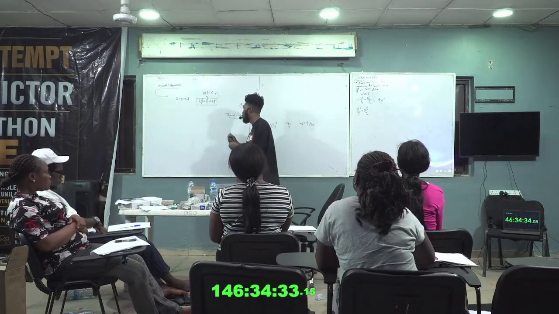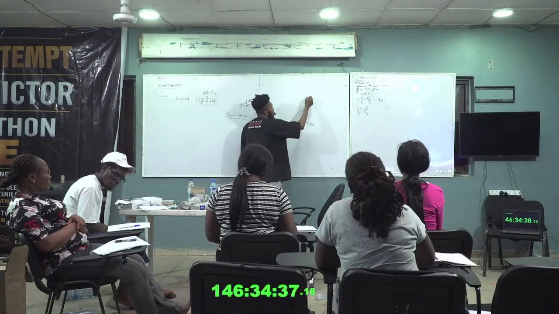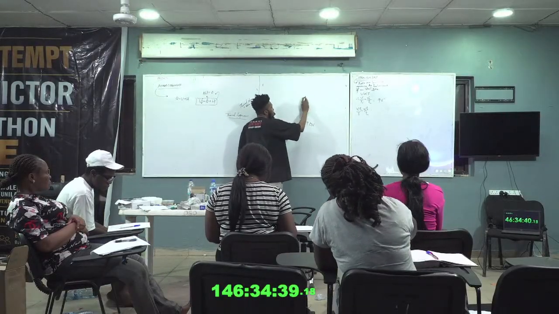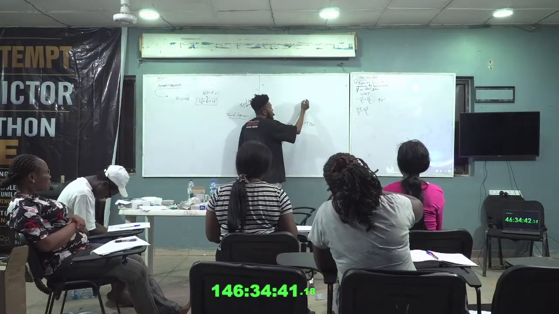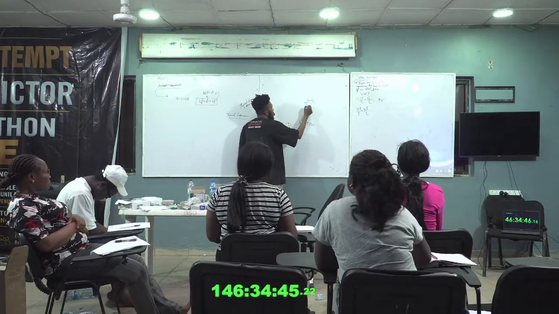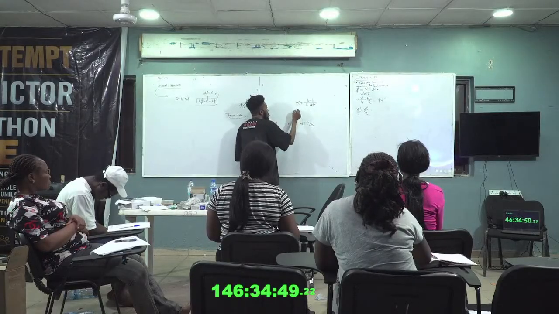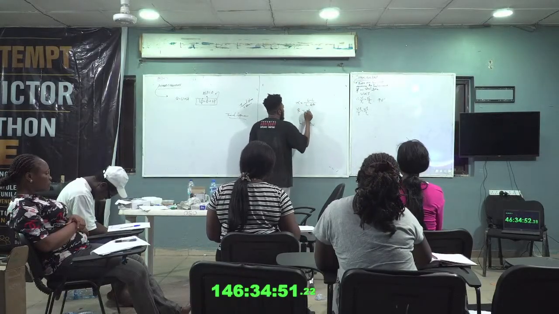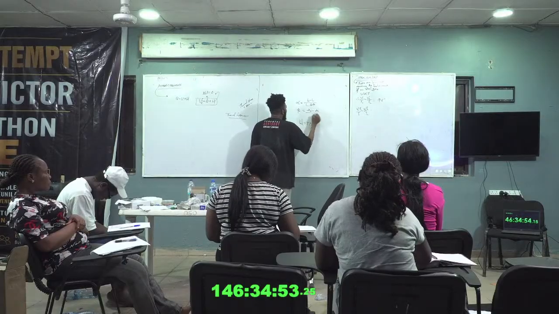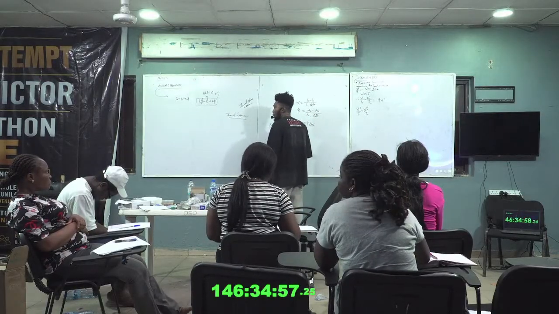And if you look at the formulas of all your thermal expansivities, you see that we have L2 minus L1 over L1 change in theta. Then the area one: A2 minus A1 over A1 change in theta. That's very good.